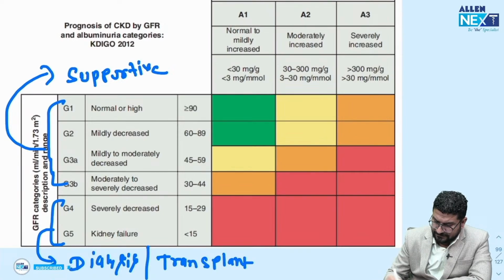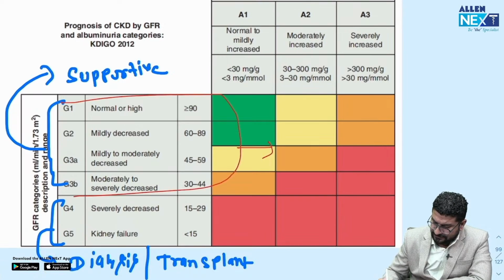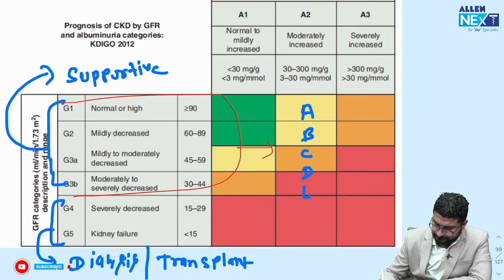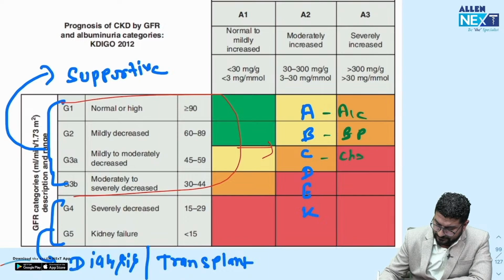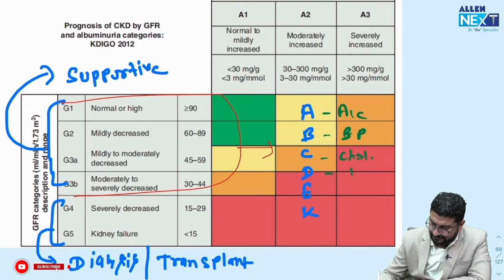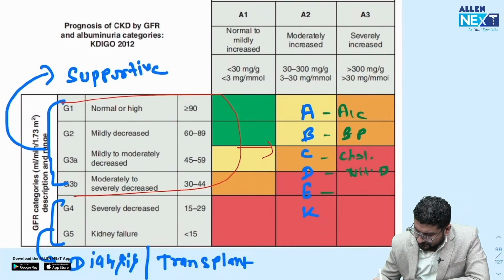So what we do in G1, G2, G3, I'm telling you here. We have a mnemonic A, B, C, D, E, K. A for A1C, which means tight sugar control. B for BP control. C for cholesterol control. D for vitamin D. E, what is E?